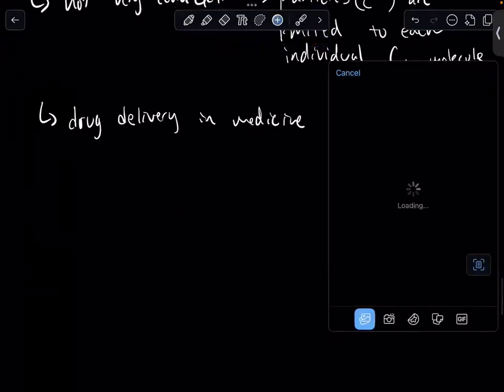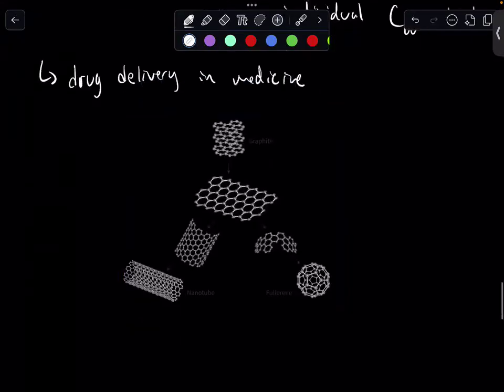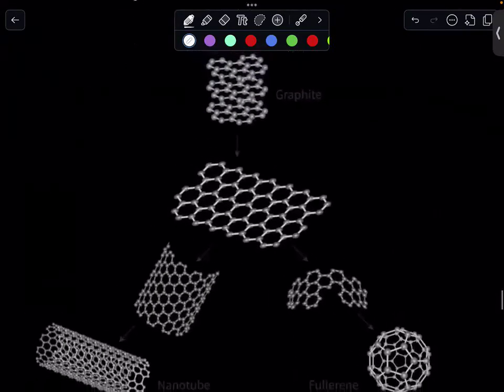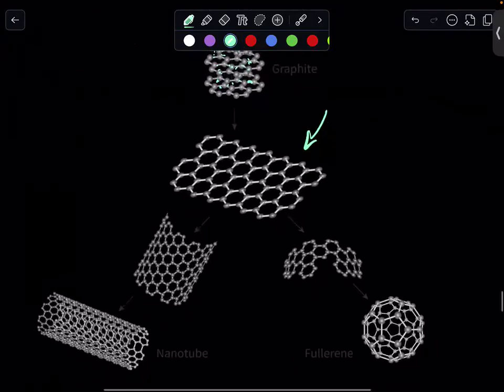So let's take a look at these allotropes. In this image here, we have our graphene. We have these layers each held together by these weak London dispersion forces in between the layers. If we take one sheet of it, we have our graphene. So we go from graphite to graphene.